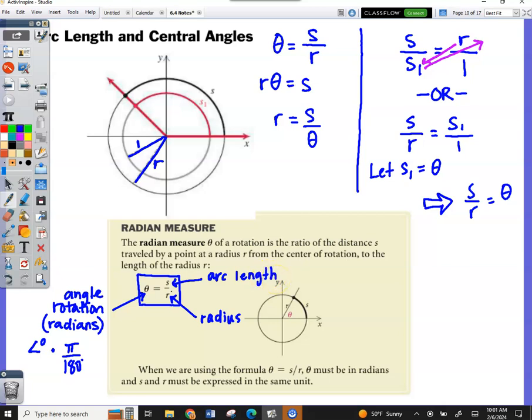That's the actual arc length, which means the distance traveled. For instance, if we had a word problem that said there's a satellite orbiting in outer space and it travels a distance of whatever feet, yards, miles, that would be arc length. They've used the phrase distance traveled.